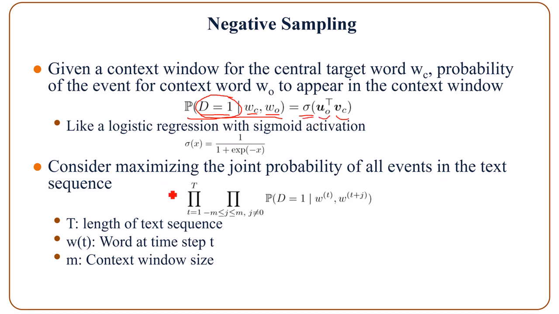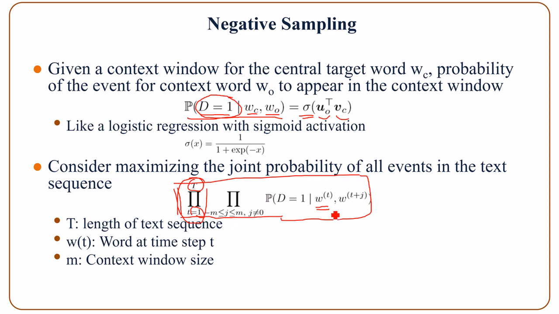We consider maximizing the joint probability of all the events in the text sequence. So what does it mean? With the outer product, we consider each and every word in the text sequence as the central target word WT, with T from 1 to the max length of the sequence.